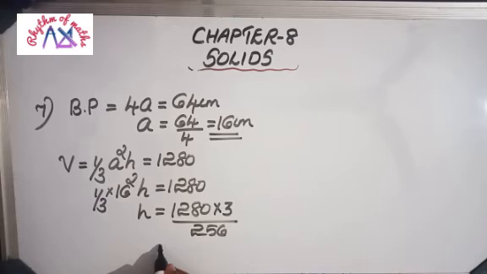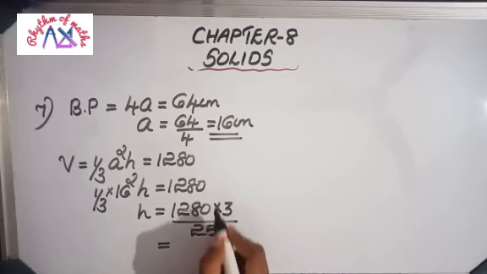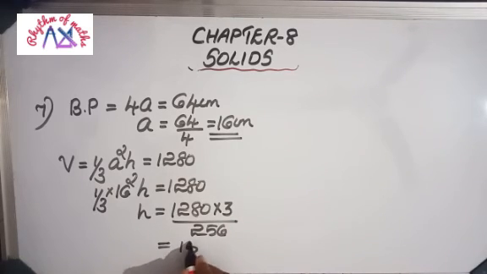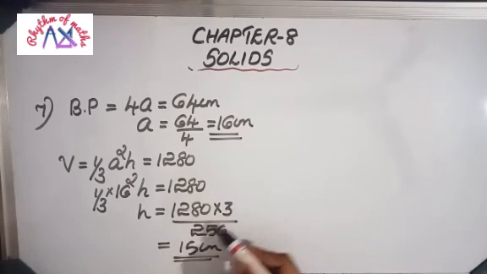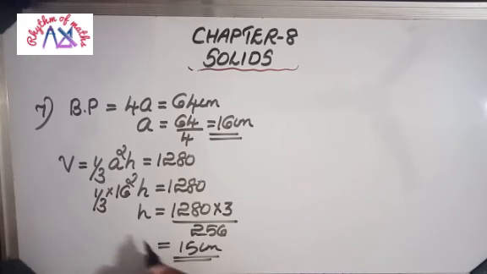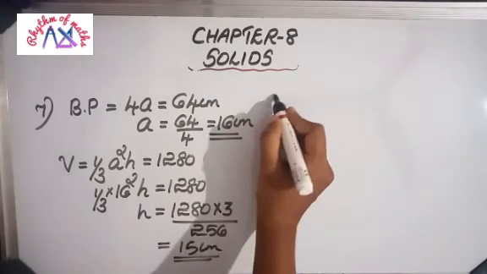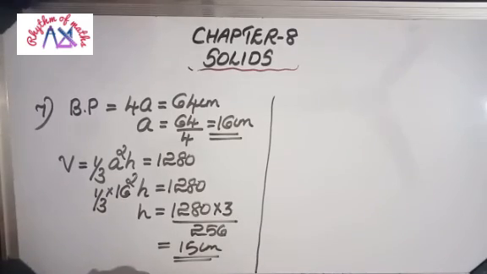Okay. Now when you solve this, you will get the final answer as 15 centimeter. I am not showing that, you can understand. Just by cancelling 3 with the 256 and by multiplying, you will get 15 centimeter as the answer. Height. Okay.